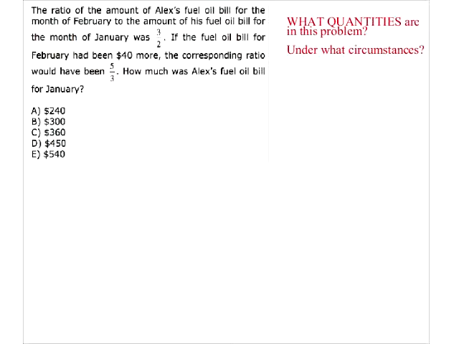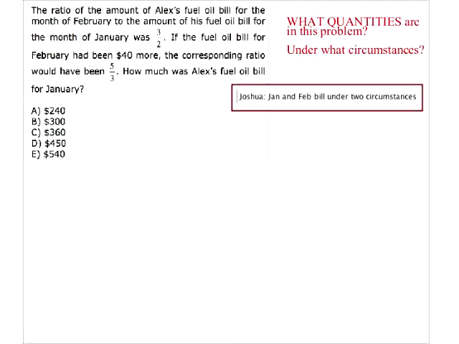So you have a January and February bill. Joshua's got it nailed here. You have a January and February bill under 2 circumstances, and Josh or anybody else, what are those circumstances? We have 1 real and 1 hypothetical.